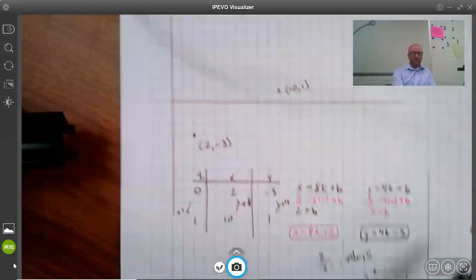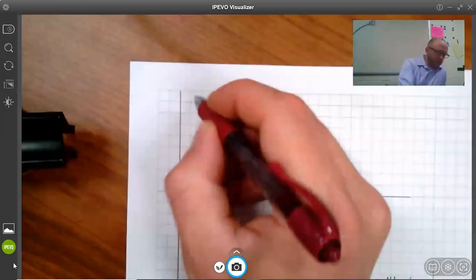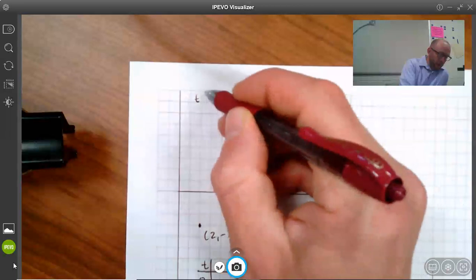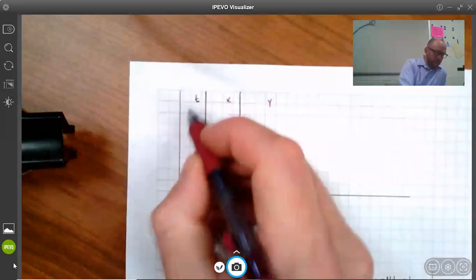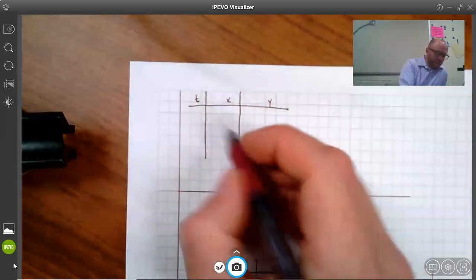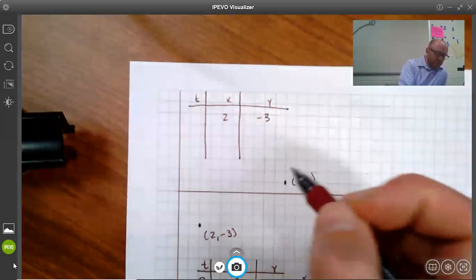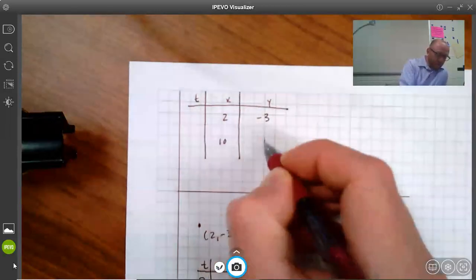For example, let's go up here. I'm just going to pick some different equations. I could have said t, x, y. Now put our points in again: (2, -3) and (10, 1).